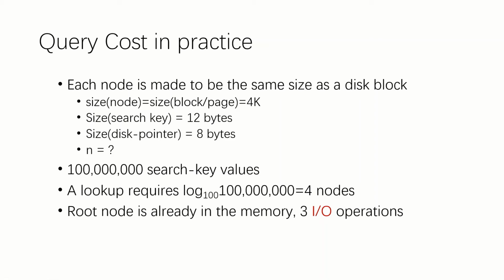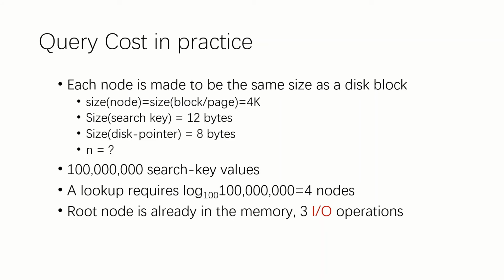My search key and my pointer consist of 12 bytes and 8 bytes together, so in total my search key pair is 20 bytes, and the size of my node is 4K. So for each node, I will have 200 pointers pointing out, which means it is a B plus tree with 200 branches pointing out.